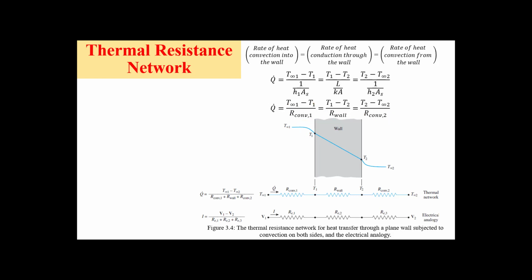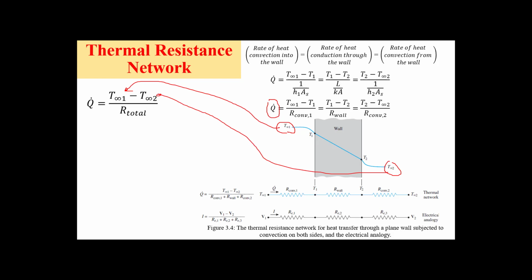So the most important thing is that Q is the same on each one. So Q for the whole resistance, we'll say that T infinity 1 minus T infinity 2, divided by the summation or the total resistance.